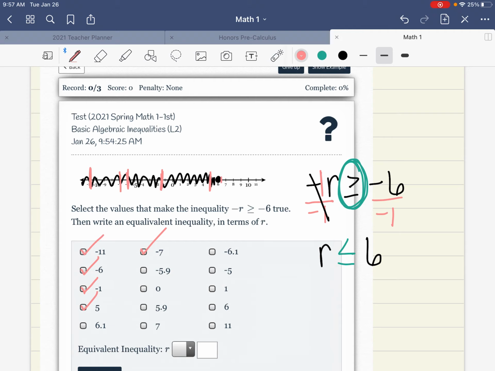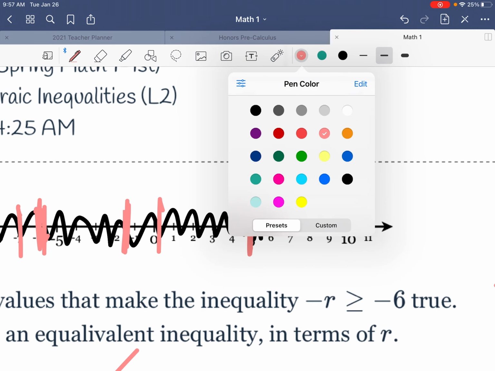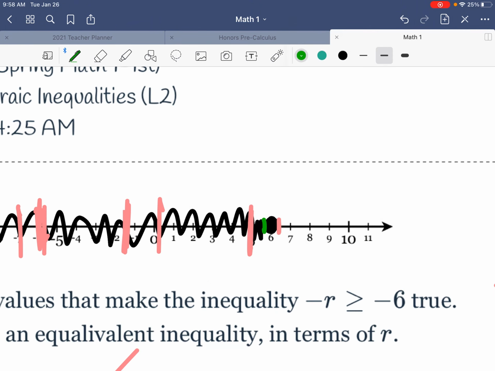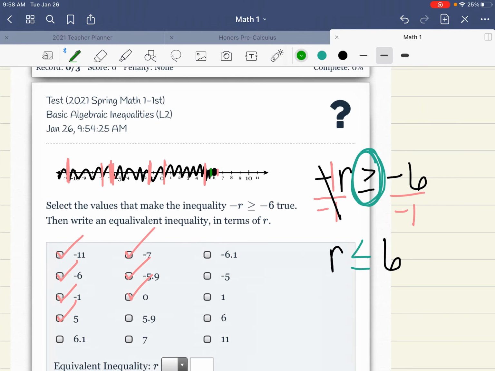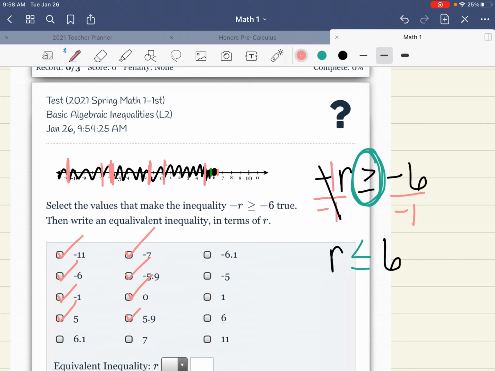So then we have negative 7. That's going to be in my shaded area. So negative 5.9, again, that's in my shaded area. We have 0. 5.9, so if I'm looking at 6 again, I'm looking at just below that 6 value, which is still in the shaded area. So if it's still in that shaded area, it's still going to be a solution.